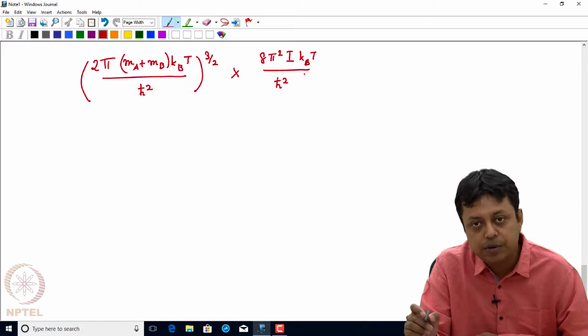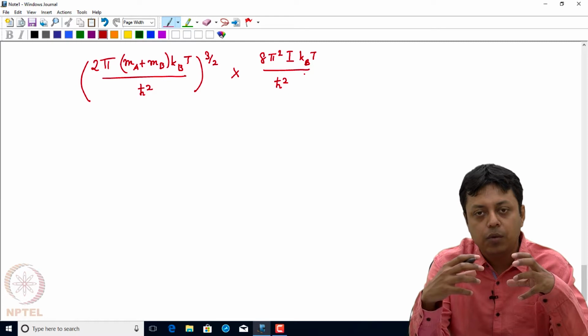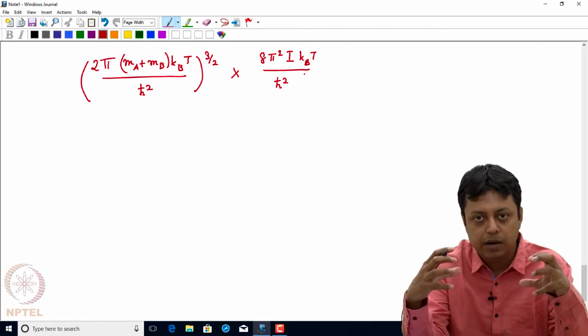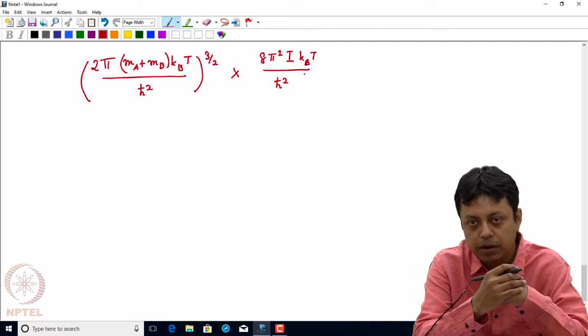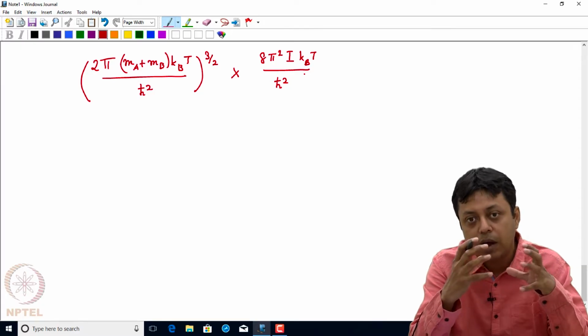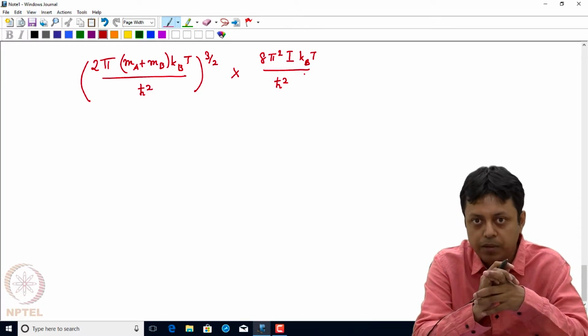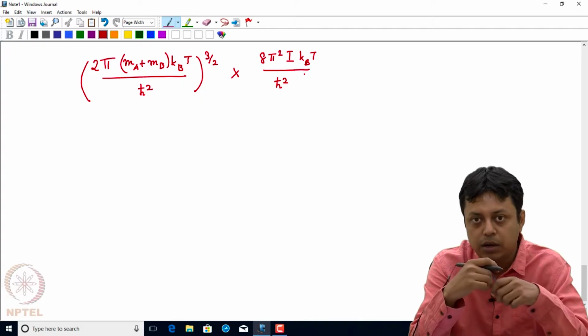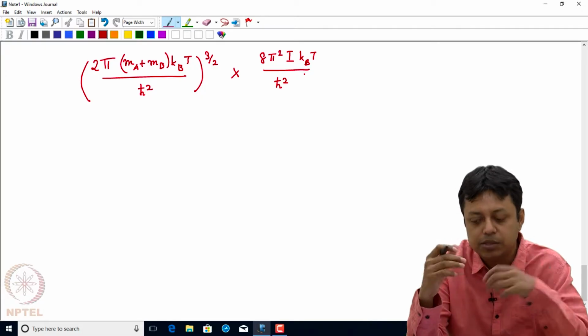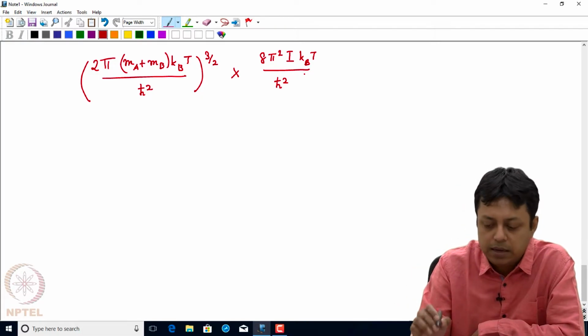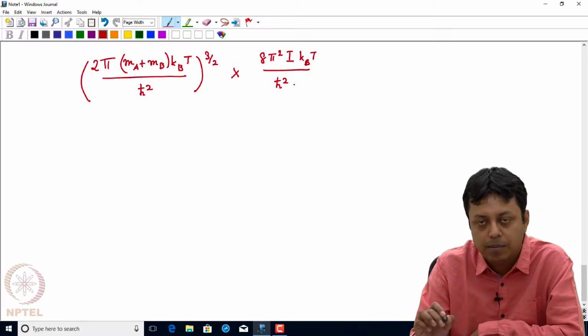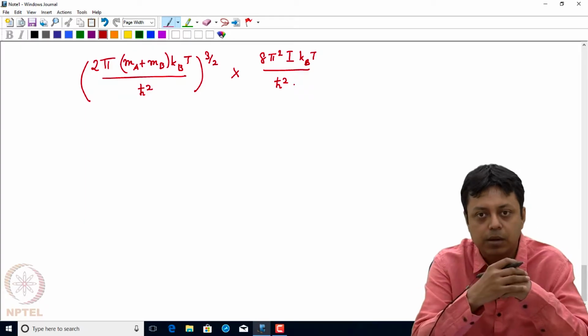Now sigma is the symmetry number, but it will be equal to 1 if A and B are different, and let us assume that A and B are different. If it is H and H, then you have to use a symmetry number of 2, because one half rotation gives you the same structure back. So we are not writing any symmetry factor here, and this is the rotational partition function for a linear molecule.